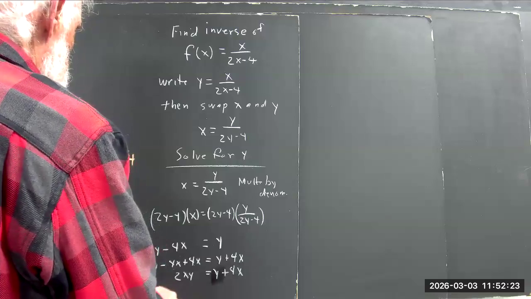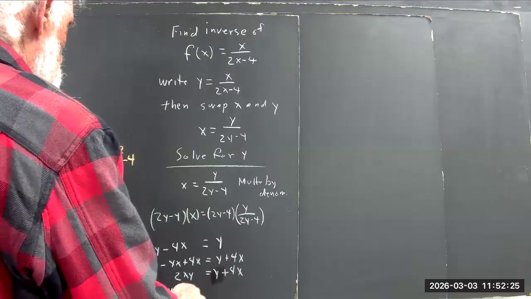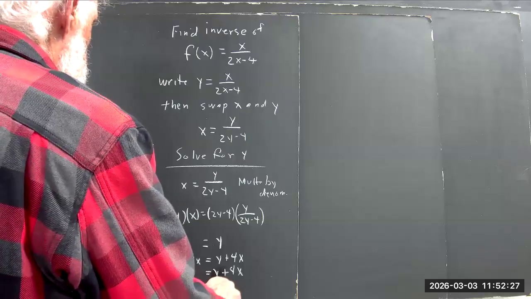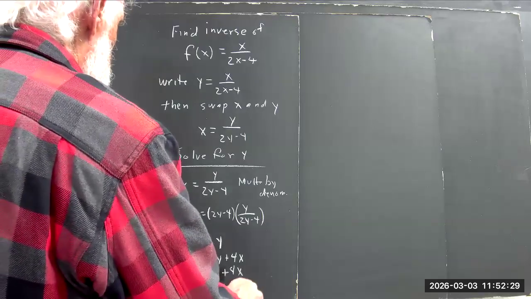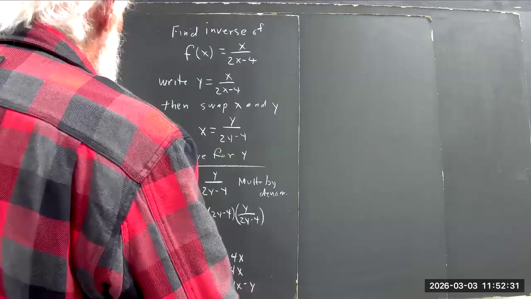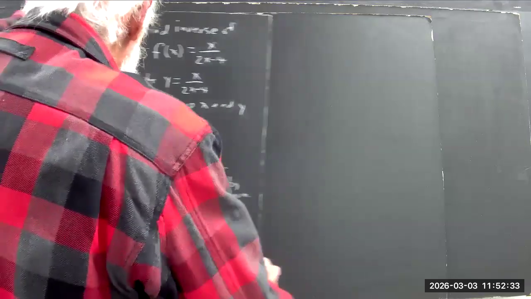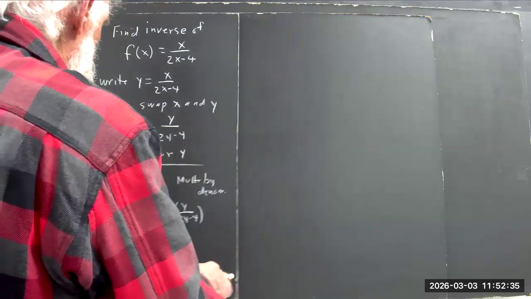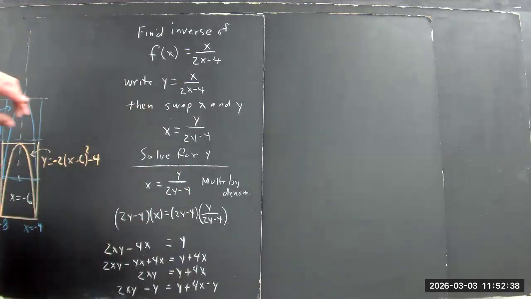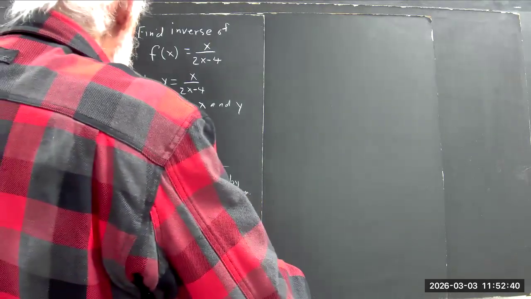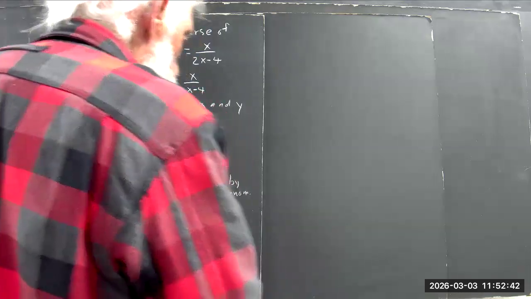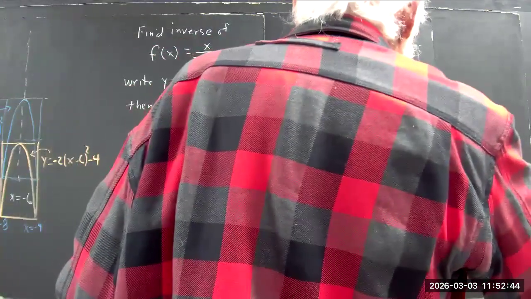We're going to have 2xy minus y equals y plus 4x minus y. I'm going to continue this.